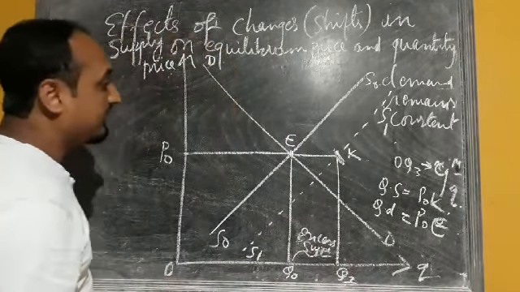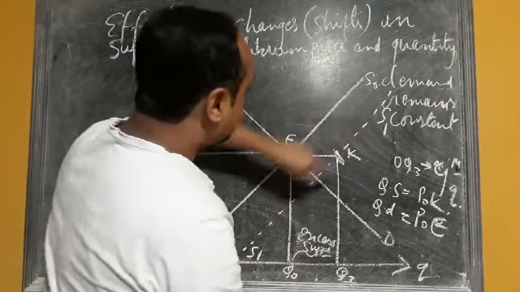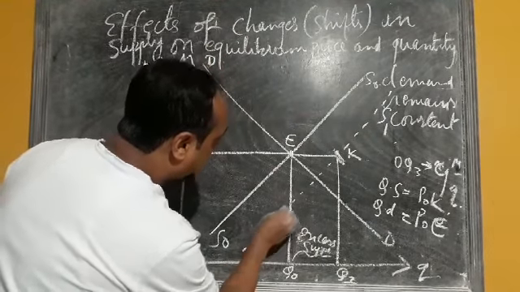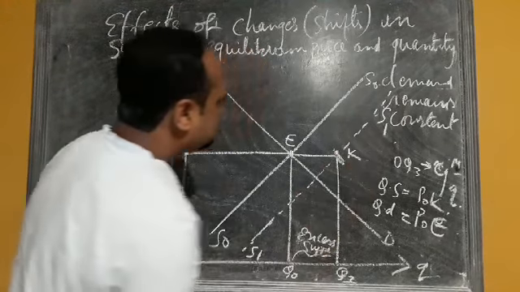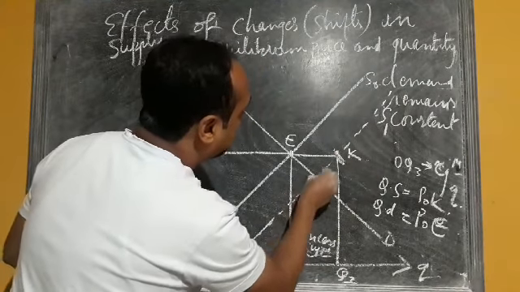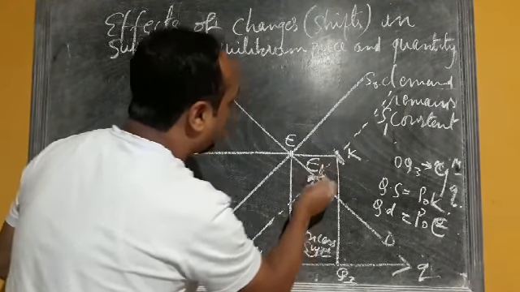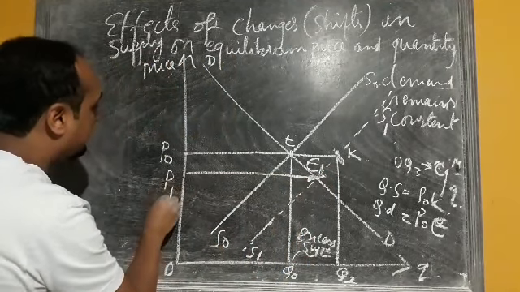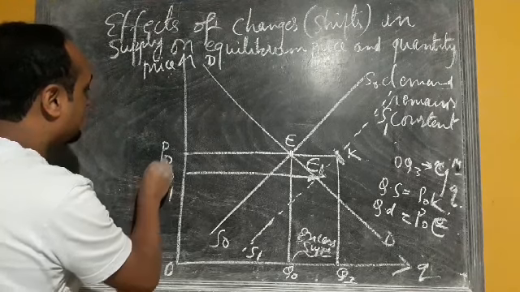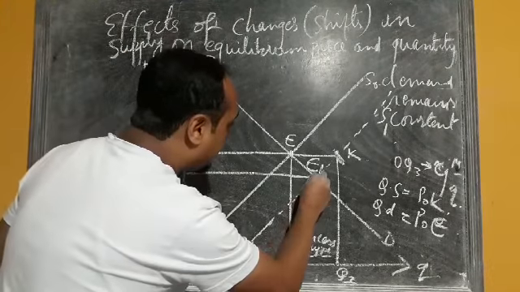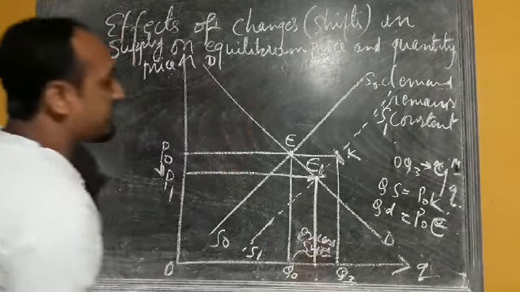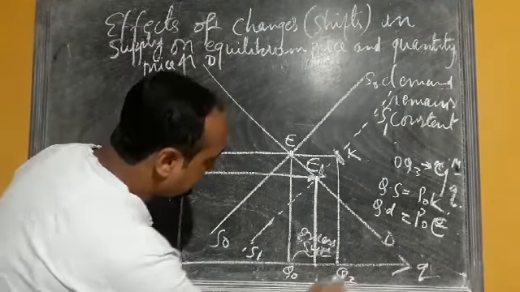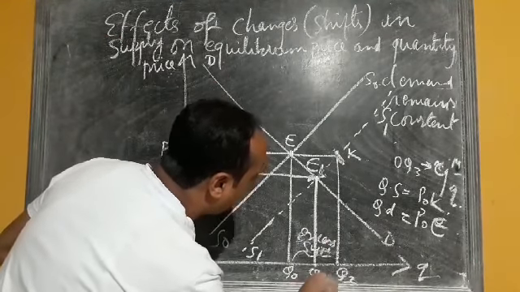Now we can see that this is our new supply curve, and this supply curve is intersecting the demand curve at this point. Suppose this is our E1. Now at new equilibrium price, we can see that the price of a commodity is decreasing from P0 to P1, and quantity is also decreasing from Q3 to Q1.